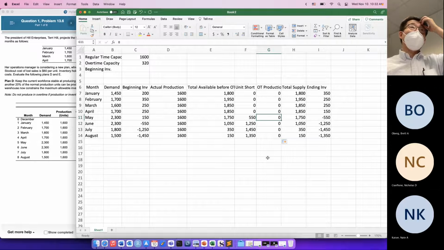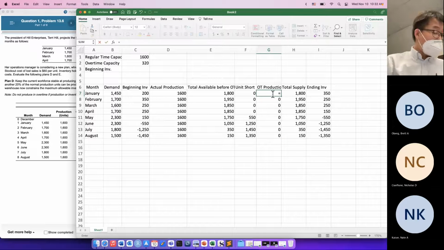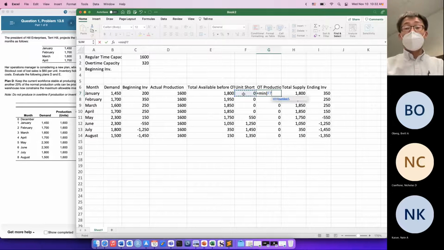We cannot go all 550. We can only go 320 because there is an overtime maximum capacity we need to consider. So I'm gonna fix this to follow this equation, the minimum between the unit shortage and overtime capacity. I'm gonna absolute reference it.